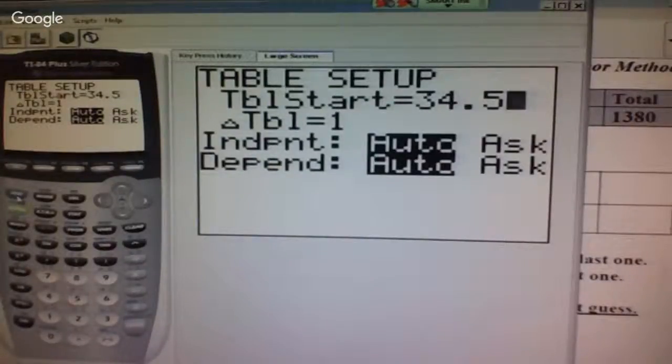Window is up here at the top, right beside y equals. Okay, put in 34.5. Now I want you to hit second graph.